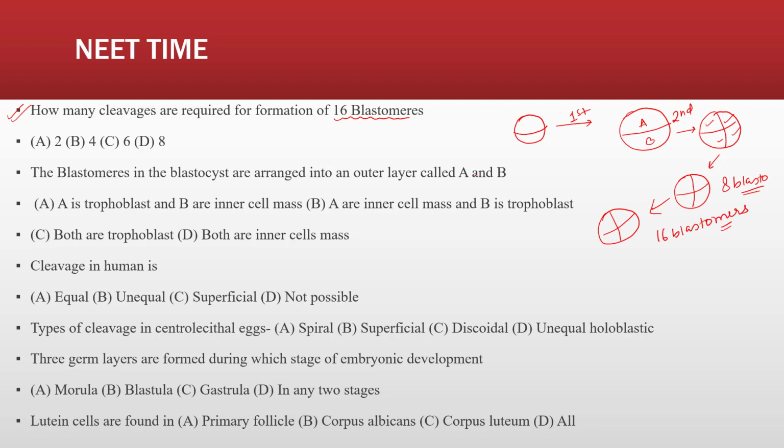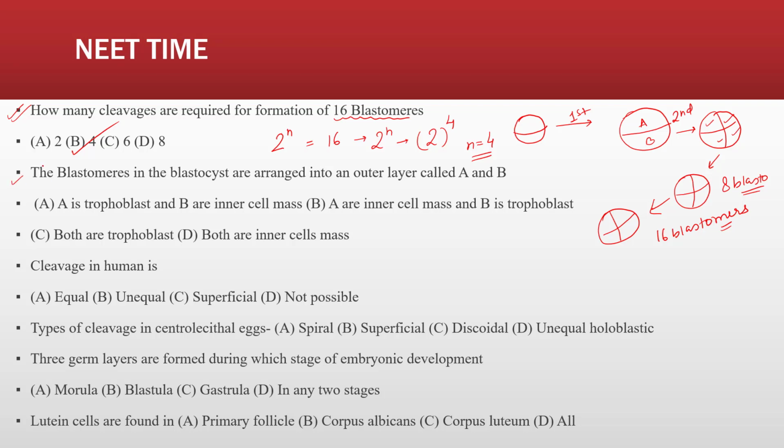The number of cleavages you can detect by a formula, 2 to the power n is equal to 16. 16 can be written as 2 to the power 4, so n is equal to 4, right? So it needs 4 cleavages for the formation of 16 blastomeres.